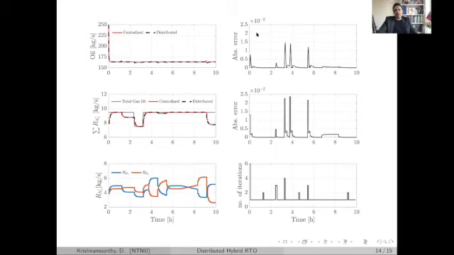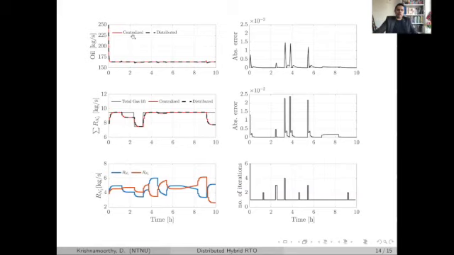And here we have the simulation results where we compare the performance of the proposed distributed hybrid RTO framework and benchmark it with the performance by using a centralized hybrid RTO approach where the entire problem is solved as one big optimization problem.